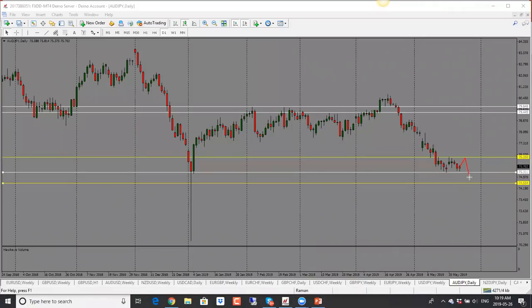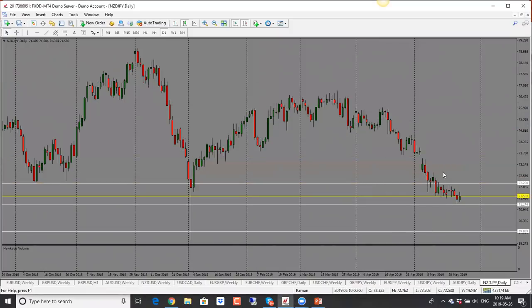And if it does break, then I would look for a lower target here, which is 74.50. But for now, this one could go higher into 76.35, back into this range. And then we could look for a potential drop. But overall bias is bearish, but this is range bound. So just be careful with this. 74.50 will be the target to the downside.